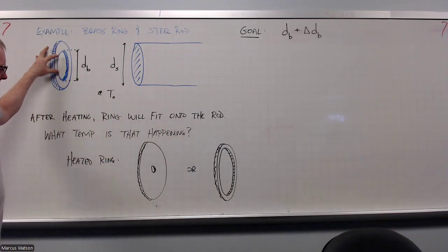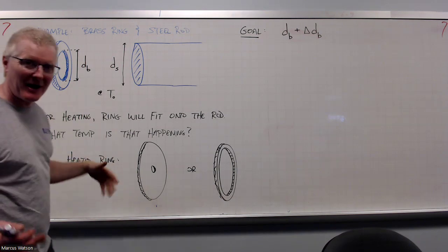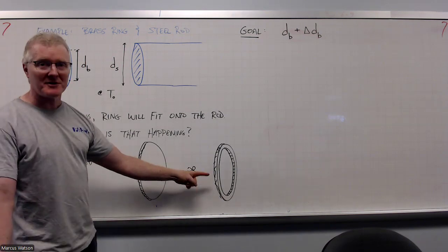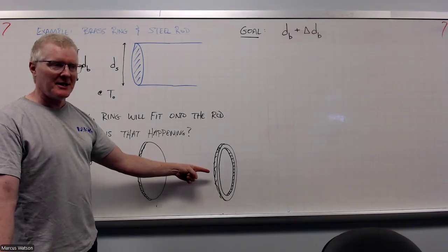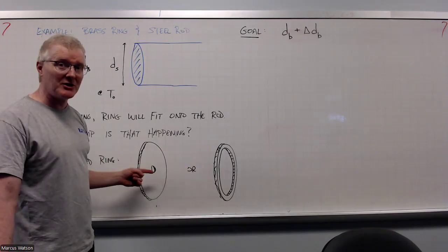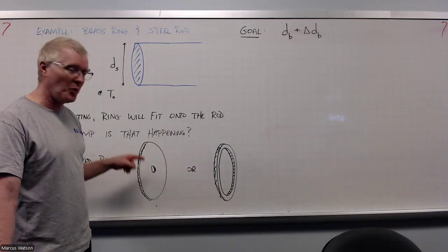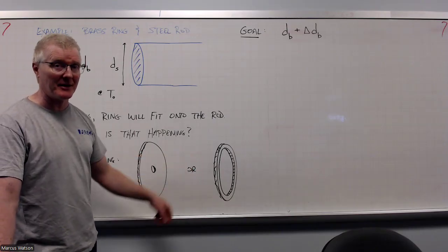So if I get a heated ring, which one's it going to be? Well, given the constraints of this problem, how I've set it up, hopefully you understand it's going to be that one. But an interesting set of arguments could lead you to this one, right? So why is this one not what's happening, and that one is the one that's happening?